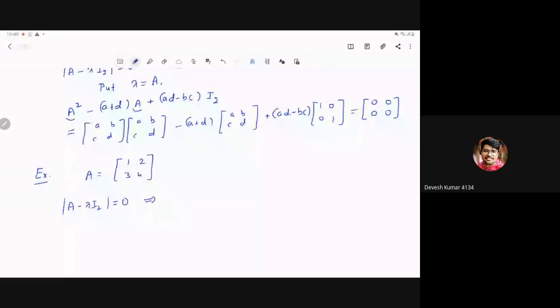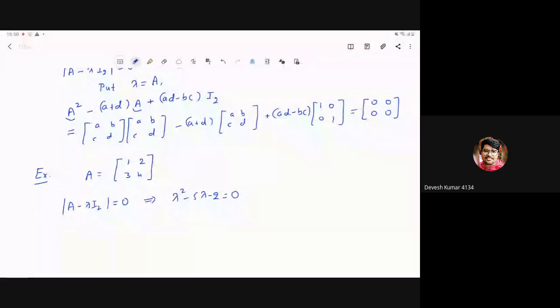So if you put this A here and simplify, you will get lambda square minus 5 lambda minus 2. Can you confirm it to me in the chat box? Is it correct? Okay.